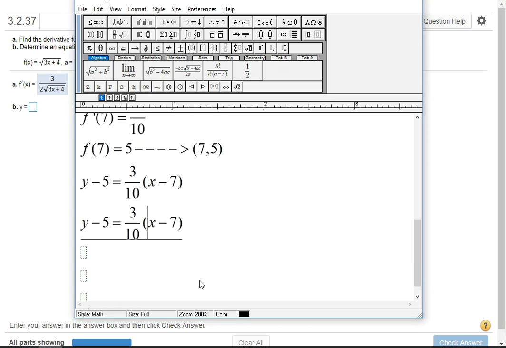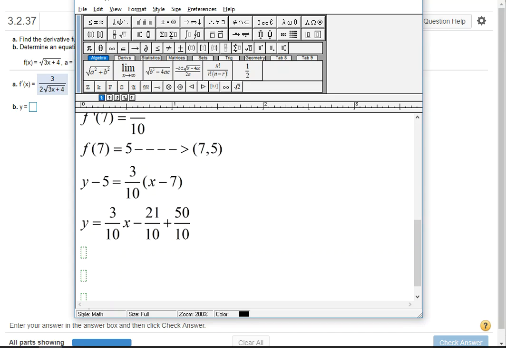And distribute, that's 3/10 x minus 21/10, because 7 times 3/10 is 21/10. And then we're going to add that 5 to both sides. So if I add that 5 over, now we're looking at 5 being 5 over 1, and common denominator of 10 is going to be 50 over 10.